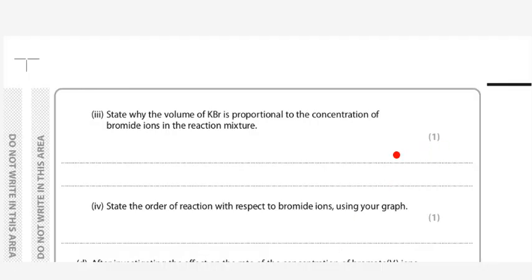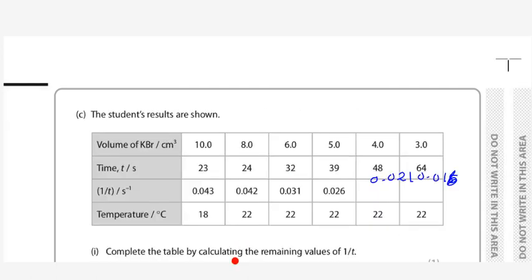The volume of KBr is proportional to the concentration of bromide ions because the total volume is kept constant. Because we keep the total volume constant, the volume of KBr is proportional to the concentration. See, the total volume is what?